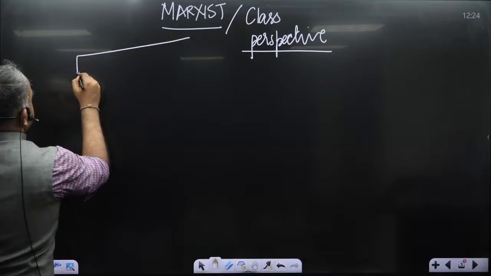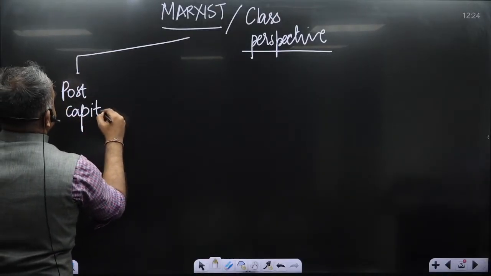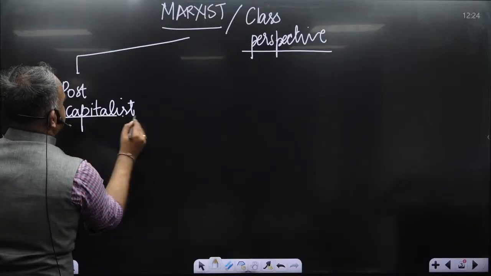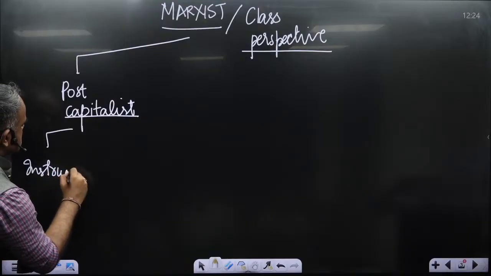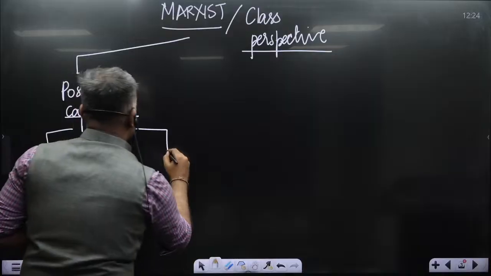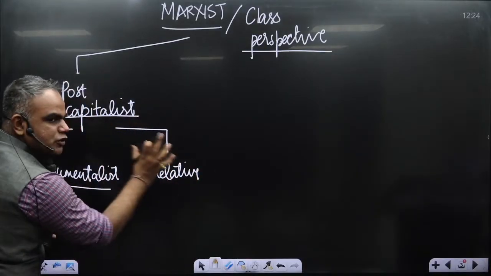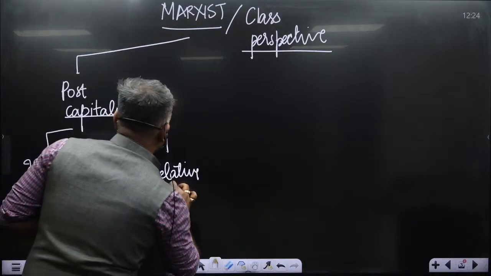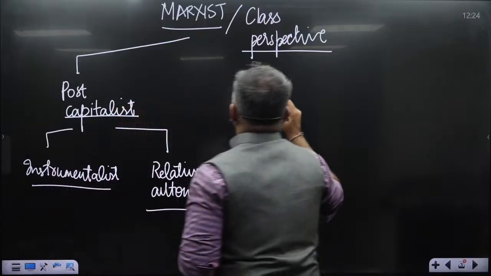I will see them in post-capitalist society. In that, one I've told you is the instrumentalist view, and one is relative autonomy. दोनों individually भी पूछे गए हैं आपसे. The relative autonomy perspective. Okay.